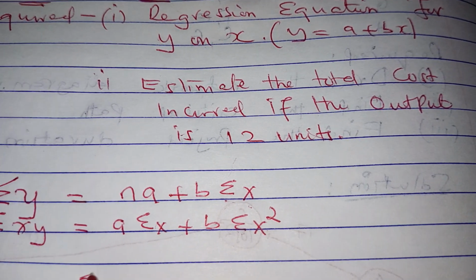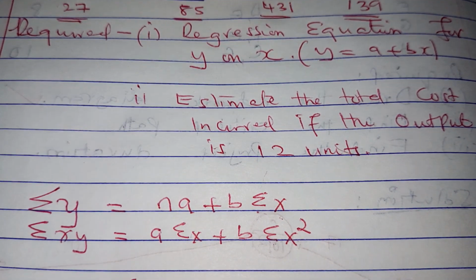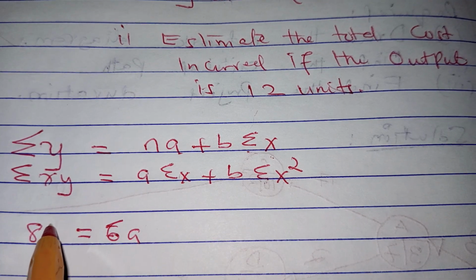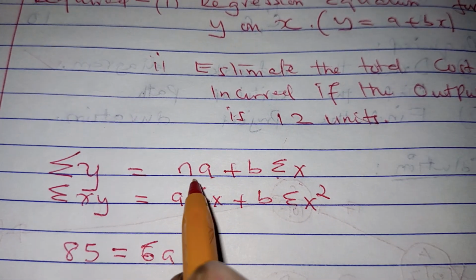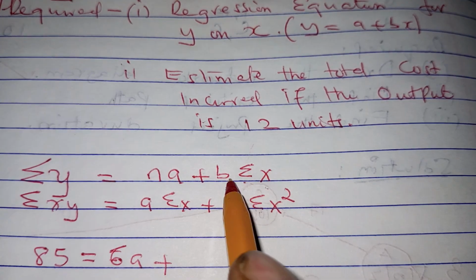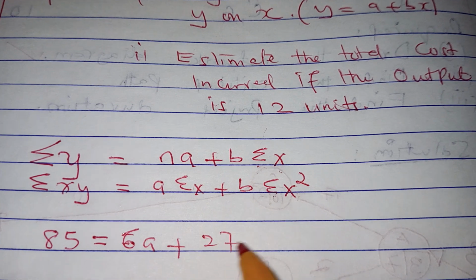Inserting, we shall have 6a equal to summation y, which is 85. So 85 is equal to 6a plus summation x times b, which gives 27b.